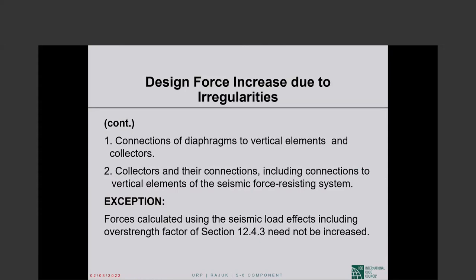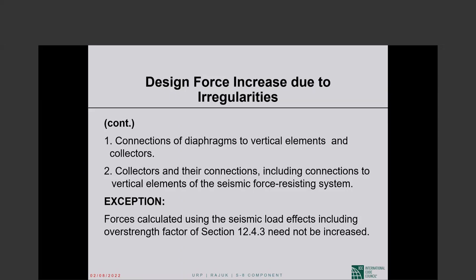The very nice picture. This was in the previous segment. Do you remember the picture of the diaphragm that I showed to explain what collectors are? So the diaphragm is connected to the collector. Where there is no shear wall, the diaphragm is connected to the shear wall where there is a shear wall. Connections of diaphragms to vertical elements, meaning shear walls or frames, and to collectors.